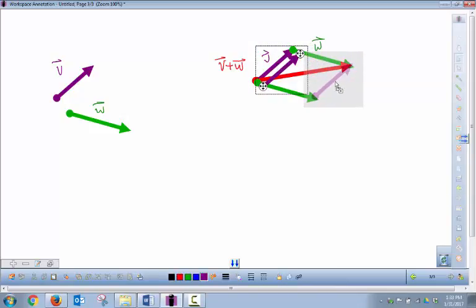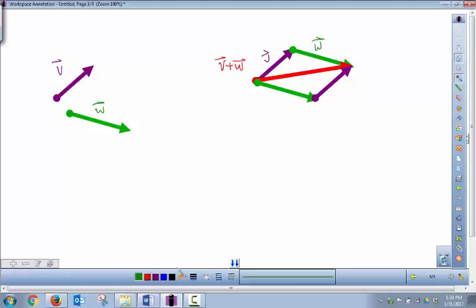We should still end up with the same vector. So V plus W is exactly the same as W plus V.